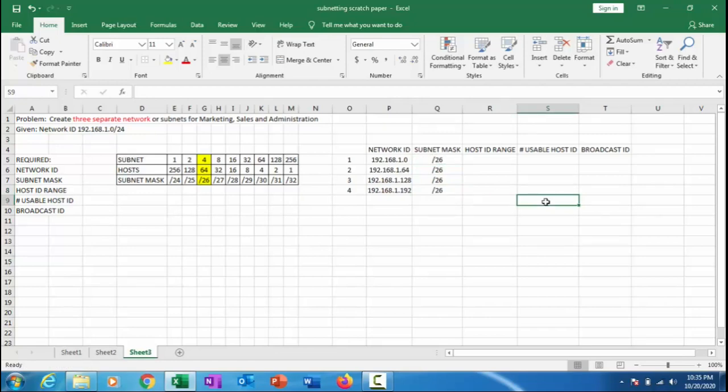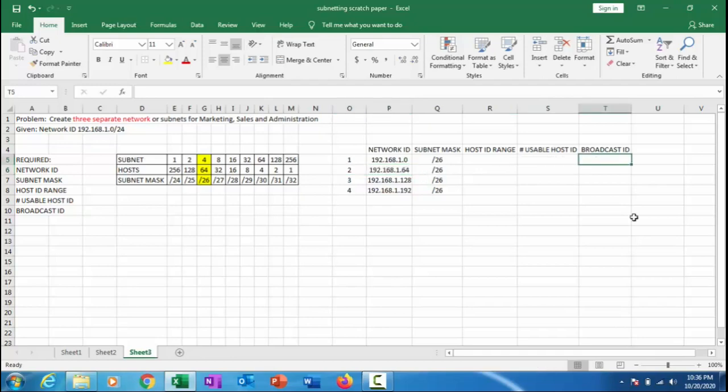Next is we get first the broadcast ID so that it's gonna be easier for us to get the usable host and the host ID range. So the broadcast ID is actually the last IP before the next subnet, which for this one, the last one before this .64, of course, is .63.